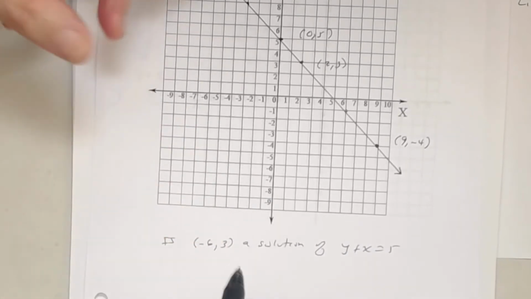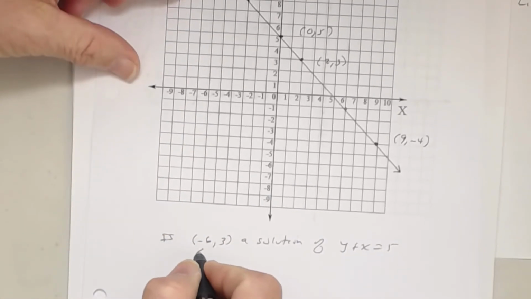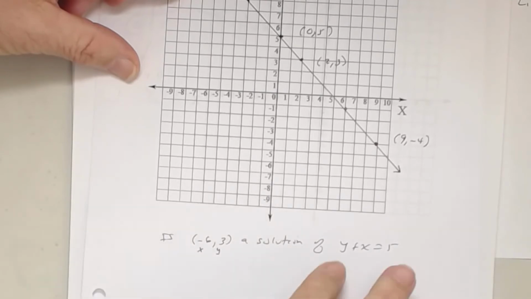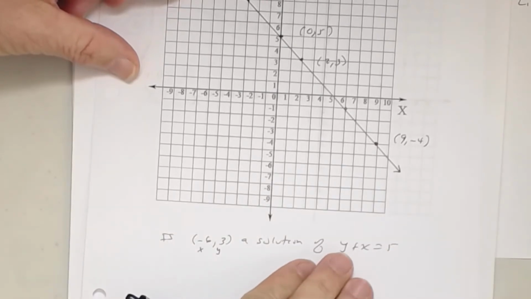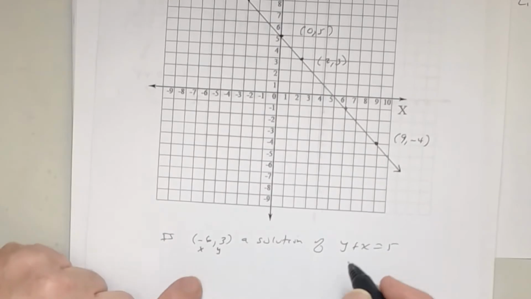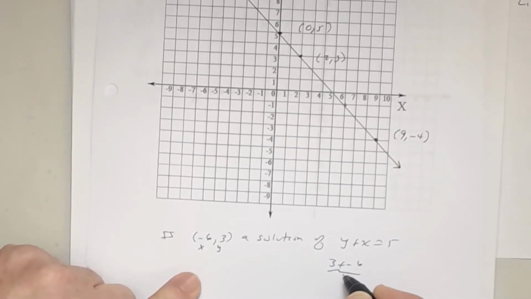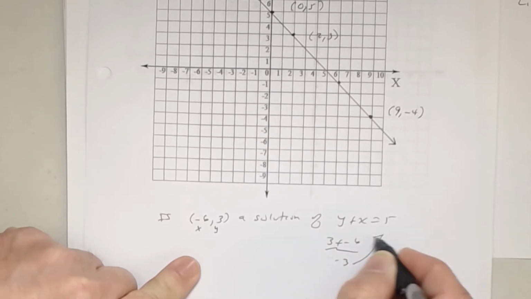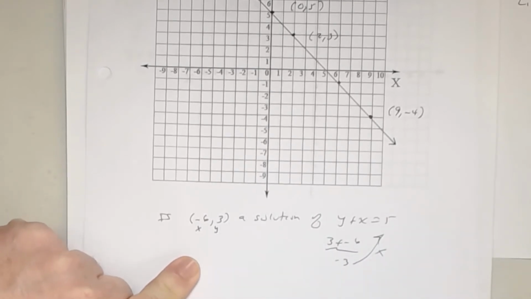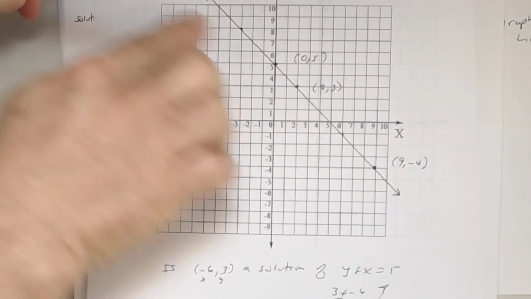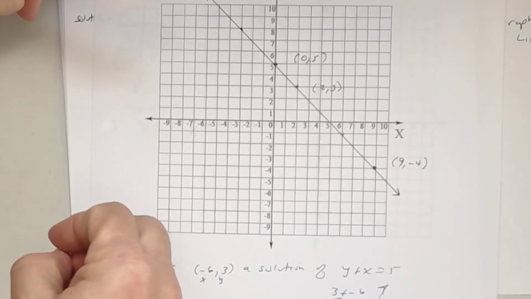The other reason is you could plug in, for x you could plug in what? -6, and for y you could plug in 3, and you'll notice that the left side is not going to equal what? 5. So watch. 3 plus -6, what does that equal? -3. And that is not equal to 5. Okay? So any point that's not on the line is not a solution.